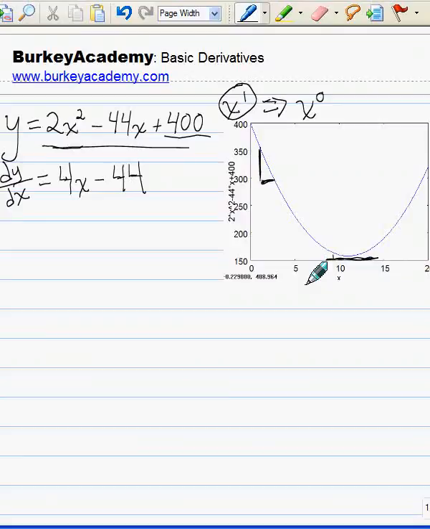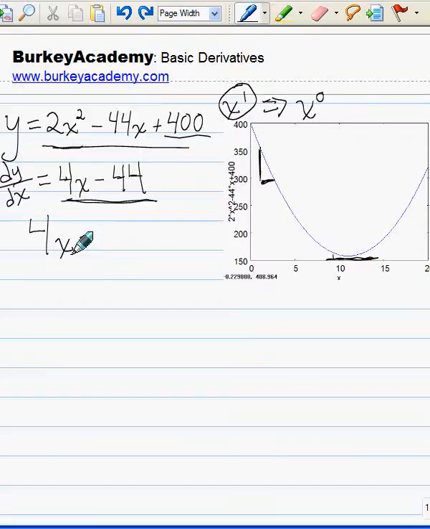If you want to know exactly where the slope equals 0, this function tells you the slope for any value of x. So if you want the slope, which is 4x minus 44, if you want that equal to 0, okay, set that function equal to 0. Sorry, I left out a part here.